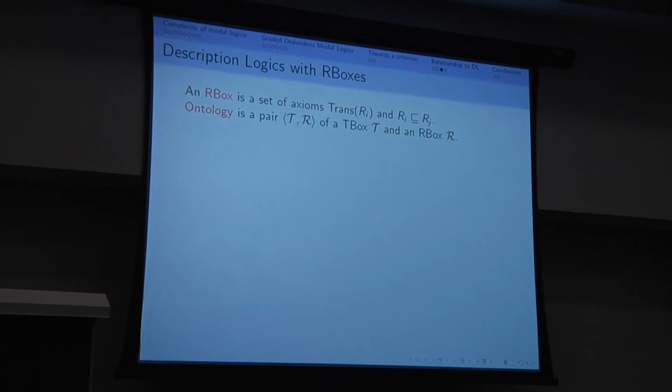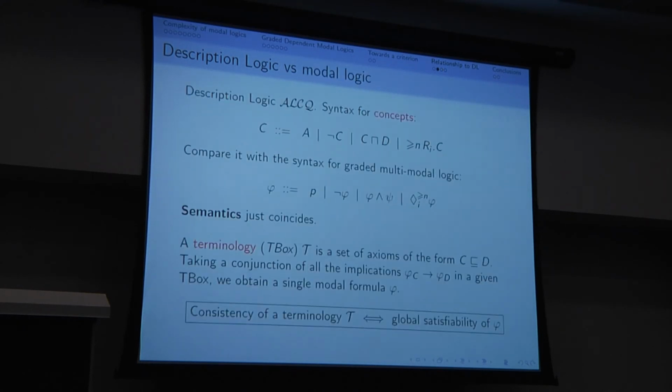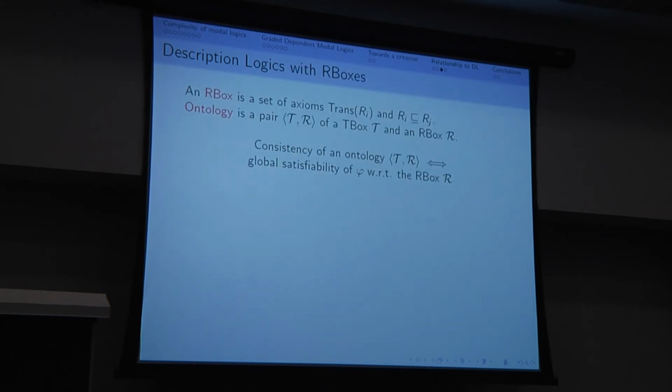And the main problem here is, again, given a terminology T and an RBox R, whether it is consistent. And in our terms, we can just rephrase it using this translation. Consistency of an ontology is the same as the global satisfiability of phi with respect to this RBox.